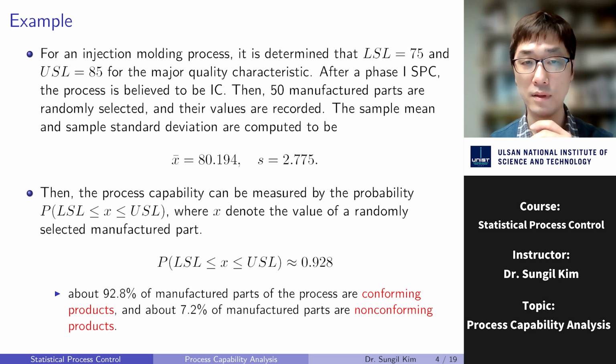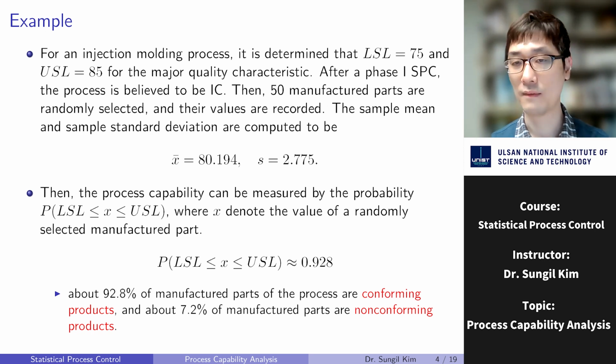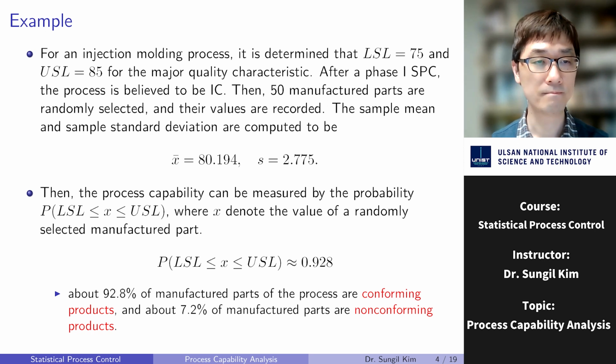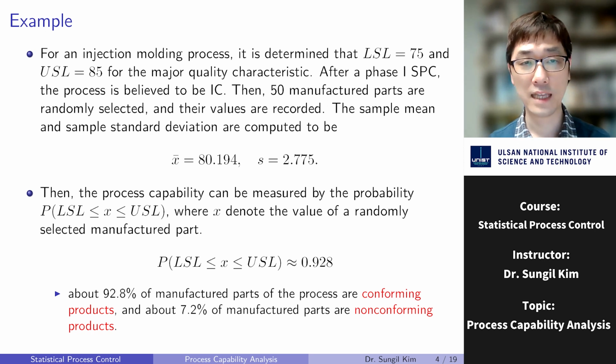The sample mean and sample standard deviation are computed to be 80.194 and 2.775 respectively. Then the process capability can be measured by the probability X between LSL and USL, which is around 0.928. This means that 92.8% of manufactured parts of the process are conforming products, and about 7.2% of manufactured parts are non-conforming products.